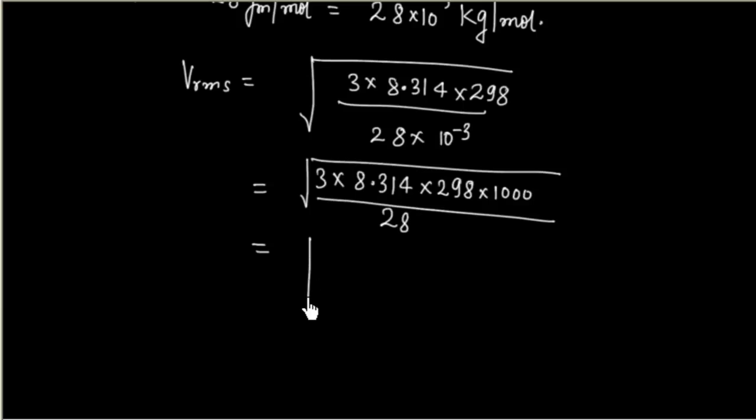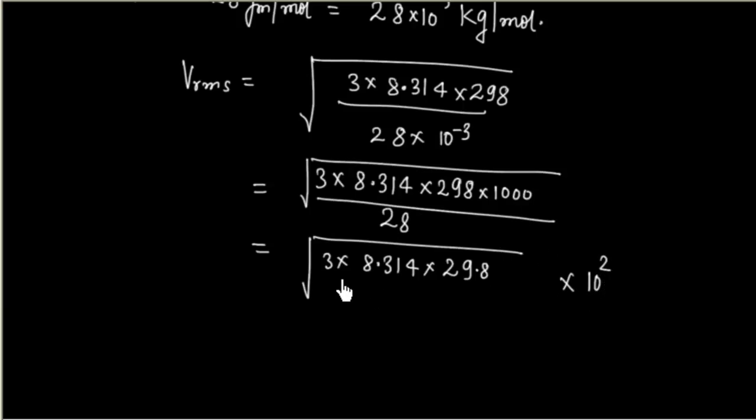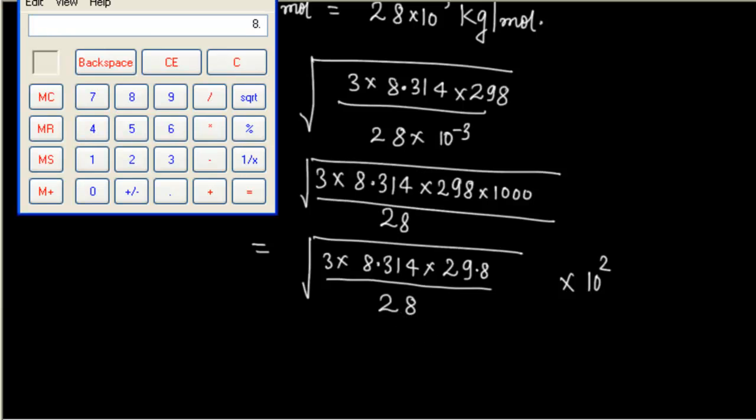Or we can write 3 into 8.314 into 29.8, and then this becomes 10 to the power 4, so 10 to the power 2 outside the root, divided by 28.